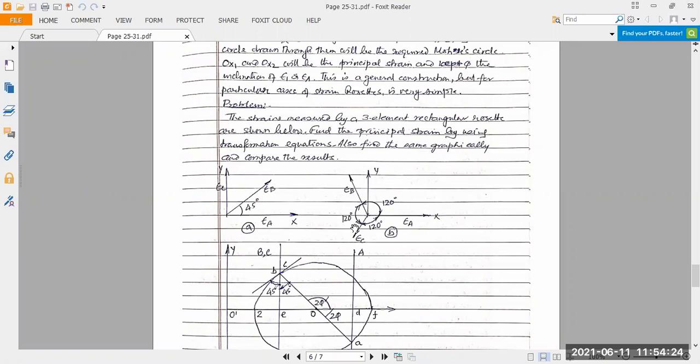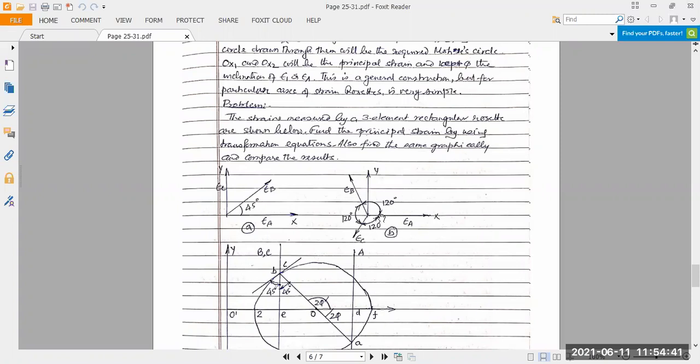Here in this drawing, epsilon B and epsilon C are not coinciding with epsilon X or epsilon Y, so they have an internal angle of 120 degrees towards each other. They are subtending the same angle with each other.